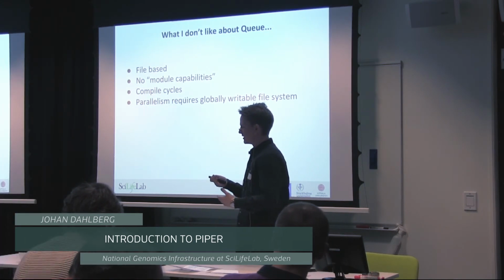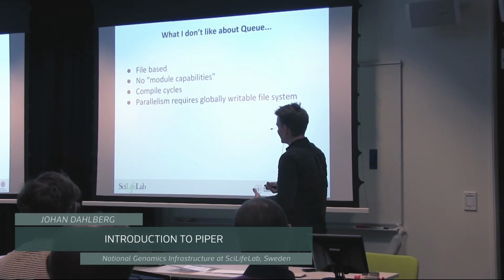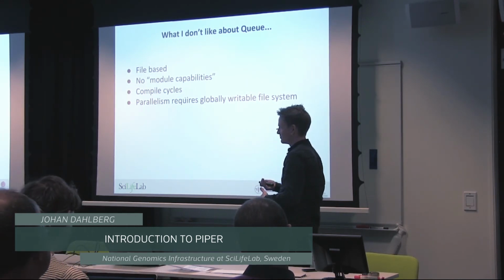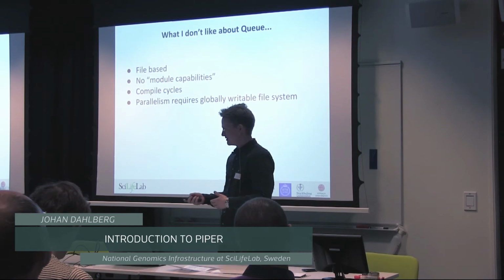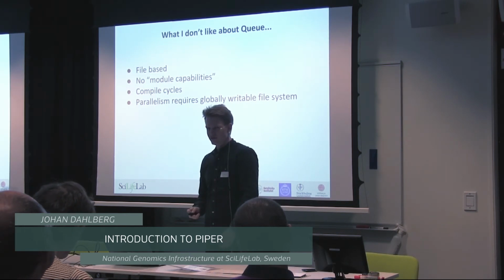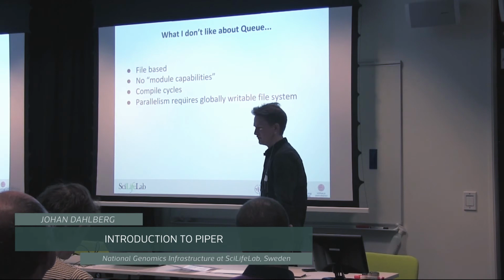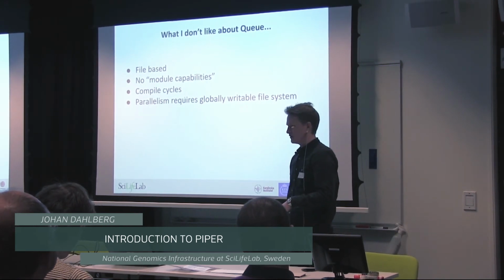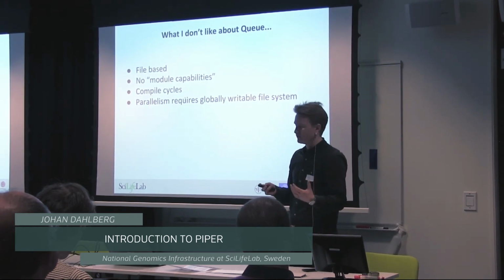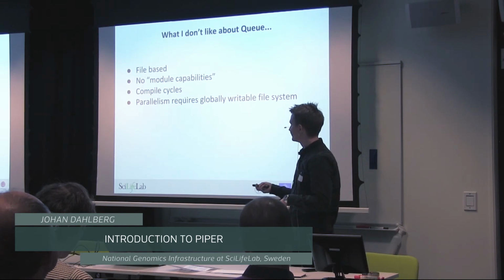We've crashed the Uppmax file systems doing this, which was not popular on any side. So this I think is a major drawback, depending on what sort of network file system or shared file system solution you have.